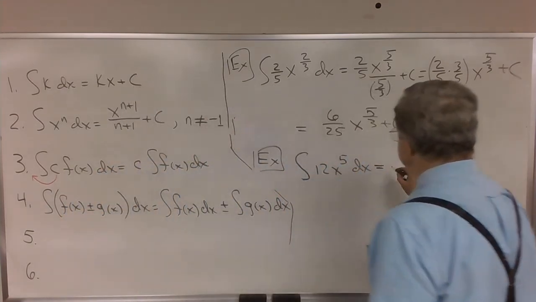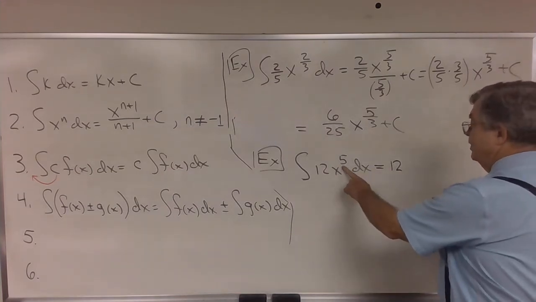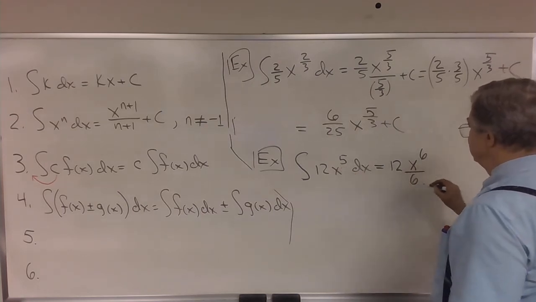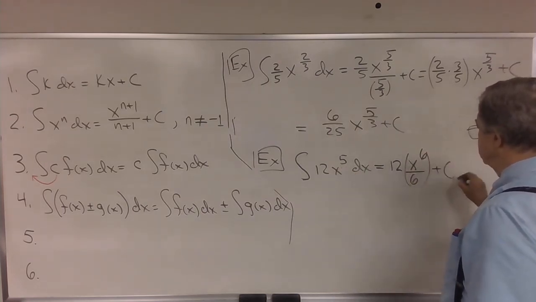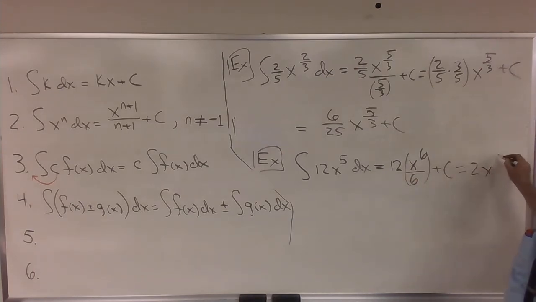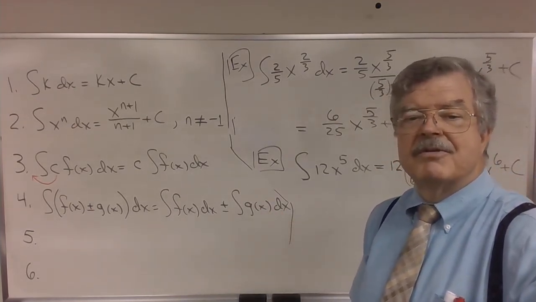So we'll write down the constant, and then we'll do the power rule. Add 1 to the exponent and divide by the new exponent. And 12 divided by 6 is 2. Voila. Now we're making good progress. Time to move on to step number 4, or property number 4.